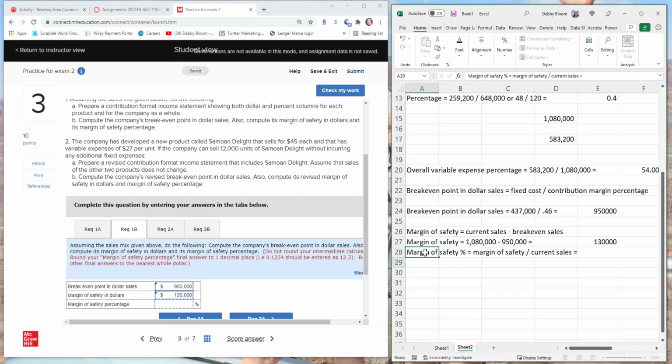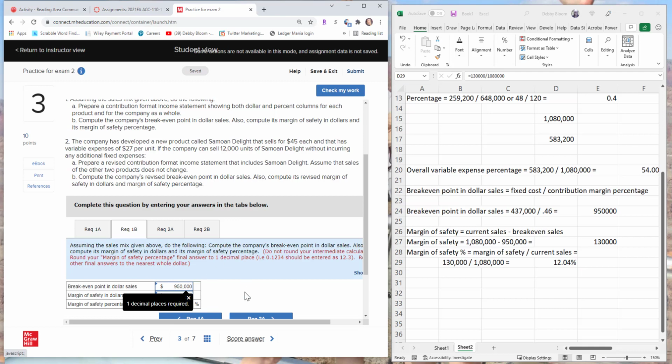So we take $130,000 as our margin of safety, and our current sales are $1,080,000. Taking $130,000 divided by $1,080,000, we get a margin of safety of exactly 12.04%. That just came up because I'm set to 0 decimals. So rounded, 12.0%.